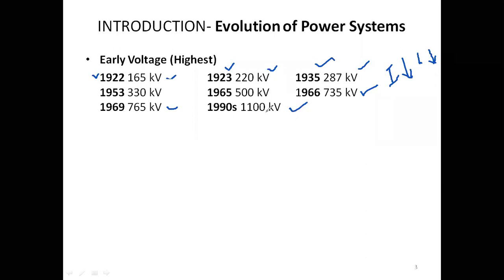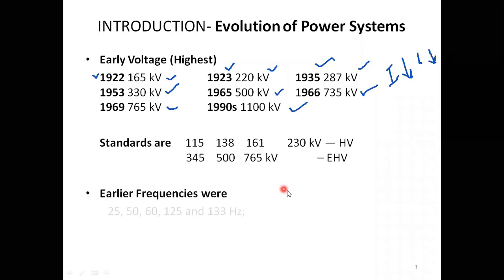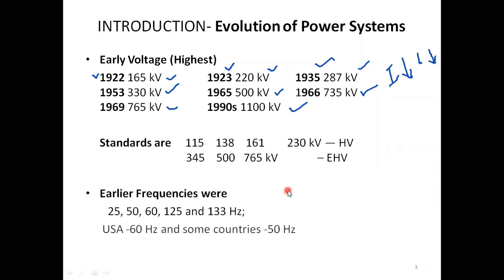Standard voltages are 115 kV, 132 kV, 161 kV and 230 kV, which come under the high voltage system, and 345, 500 and 765 kV come under the extra high voltage lines. Below 345 is high voltage and above 345 is extra high voltage.